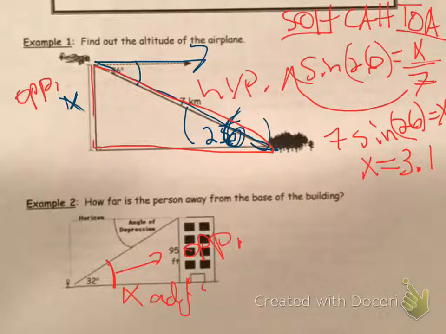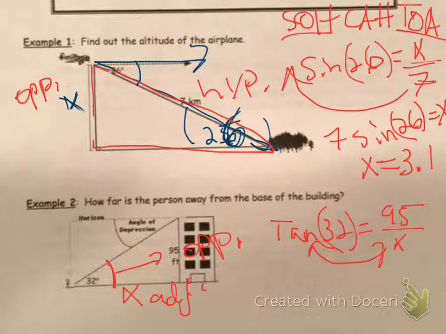So from here I go tangent of 32 equals 95 over x. Now you're going to have to switch spots. If x is down low, you switch, so right here we're going to switch spots.